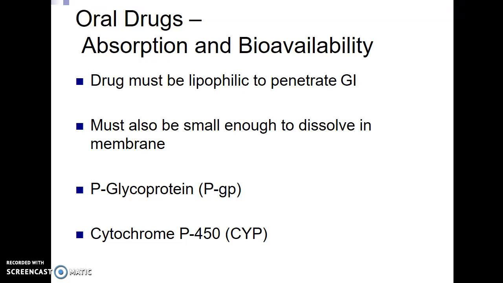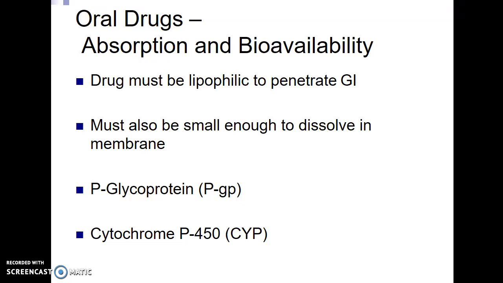We usually talk about metabolism occurring in the liver, but there is some metabolic action in these cells by something called the cytochrome P450 metabolism system, and it's abbreviated CYP. And these exist in some of these gastrointestinal tissues, and they will metabolize the drug, sometimes making it more inactive, sometimes increasing its activity.